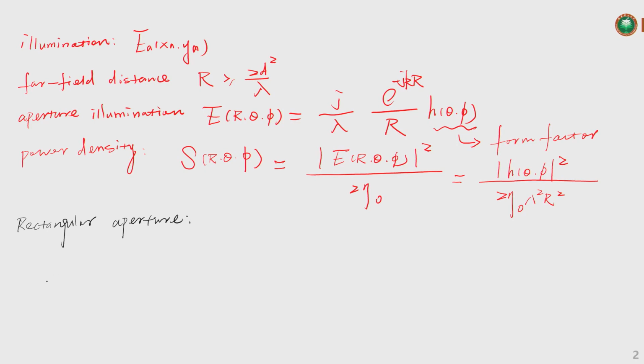And first we set there is a plane, and there is a rectangular aperture, this one. Right, and we set the coordinate system.